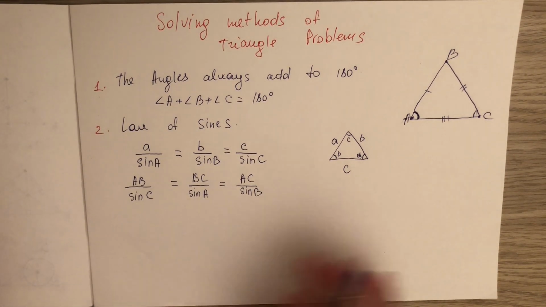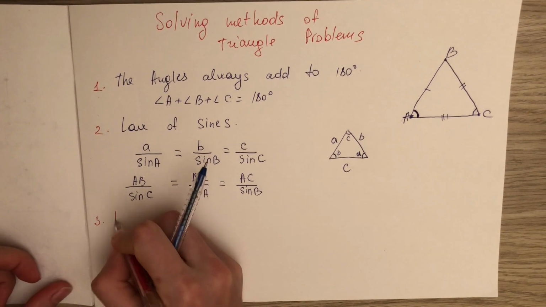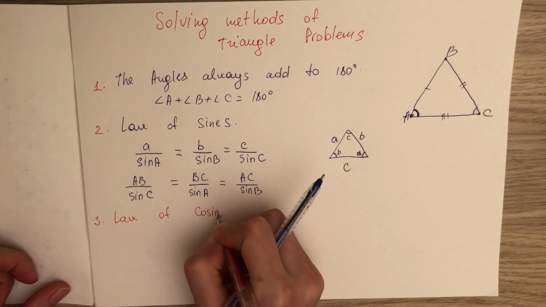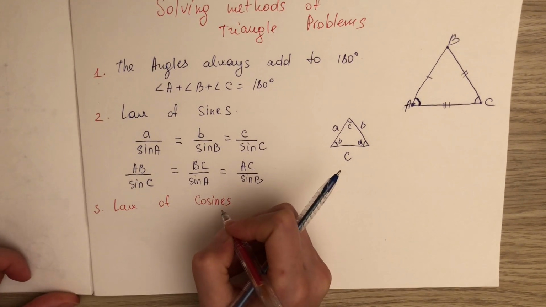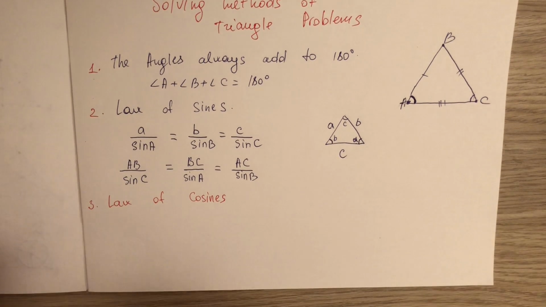Law of cosines. Our third is the law of cosines. This is the hardest to use, but it's sometimes needed.